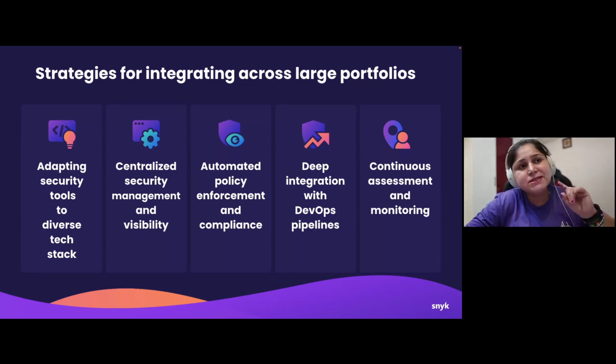The second one is centralized security management and visibility. Now, let's say you're overseeing a multinational corporation with a diverse portfolio of web applications, mobile apps, and backend systems. They're scattered across different departments and regions. So it's a complex landscape to navigate, with potential blind spots and gaps due to decentralized security data.